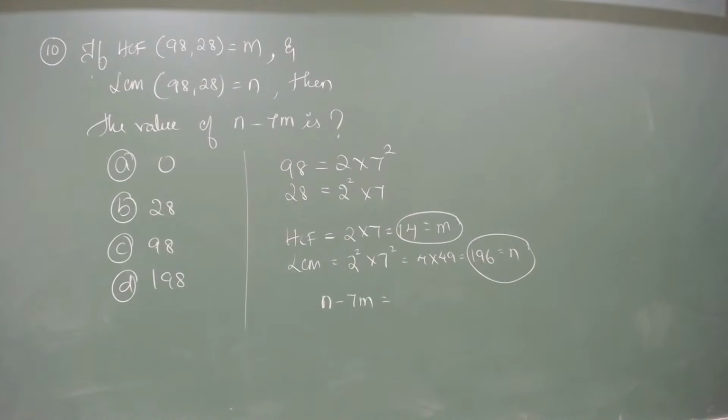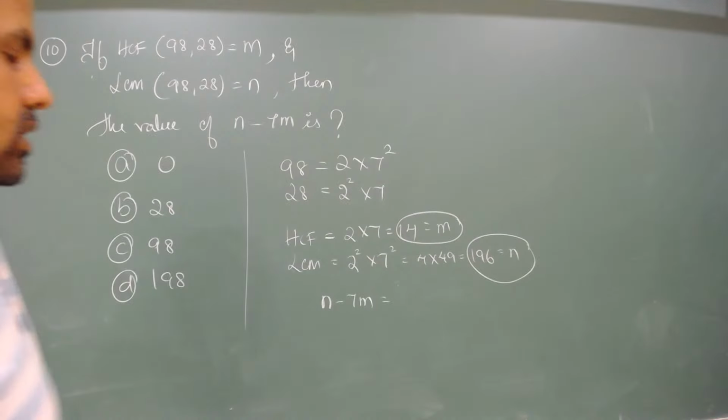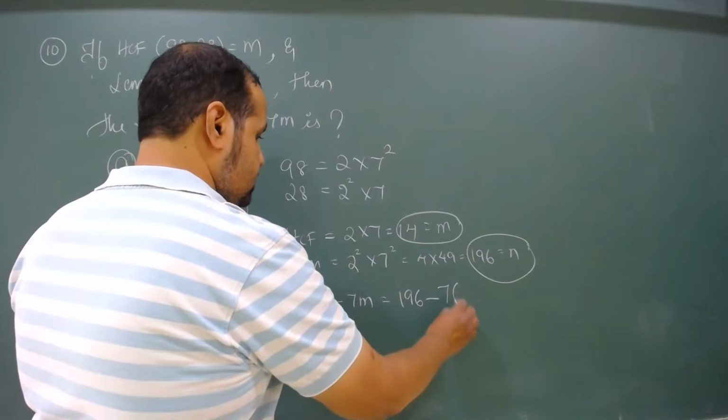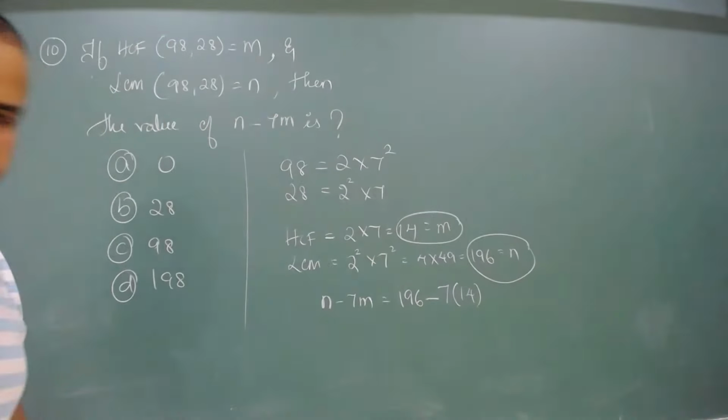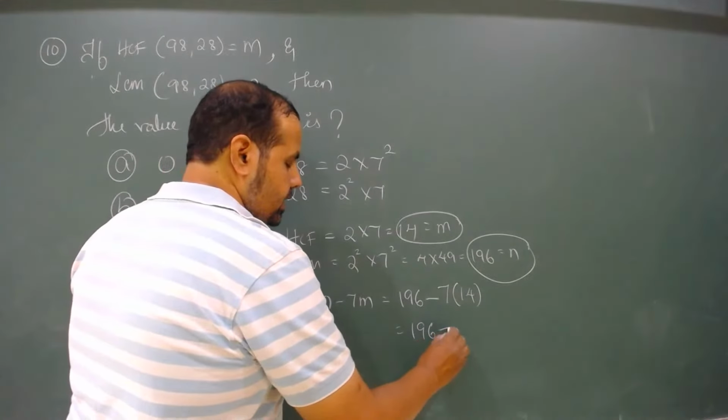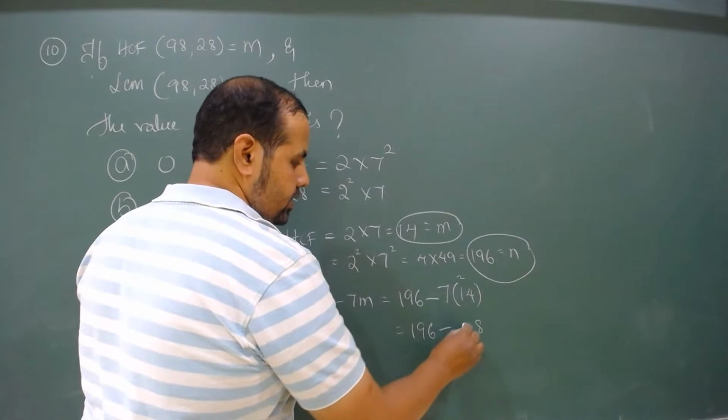Simplify this. 196 minus 7 14s, 7 4s are 28, 7 1s are 7, so 98.